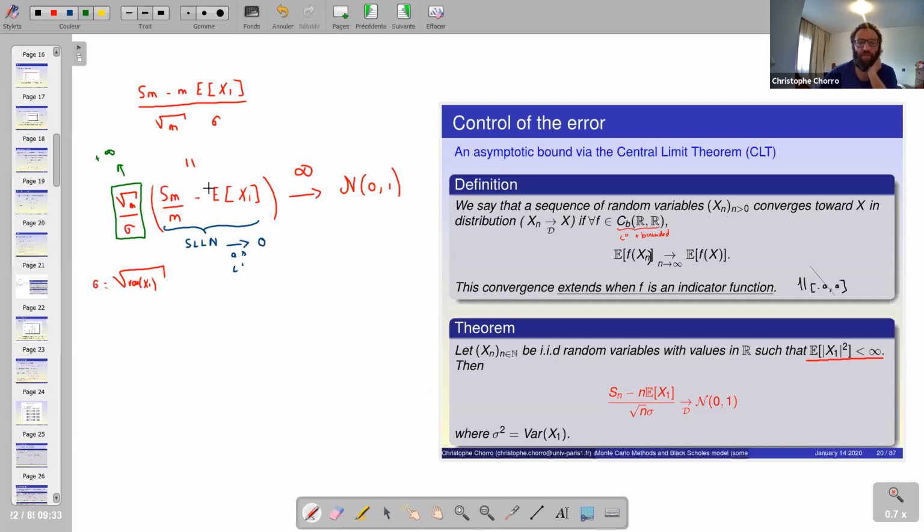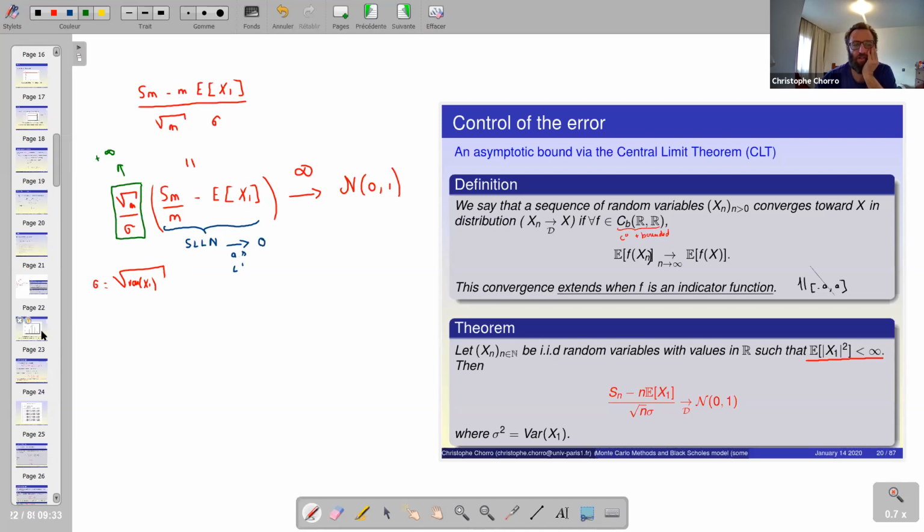So in some sense, you have a precision of the speed of convergence in the strong law of large numbers. This is the way we can intuitively interpret the central limit theorem. And as you know, the interest of the central limit theorem is to be able to build confidence intervals, asymptotic confidence intervals.